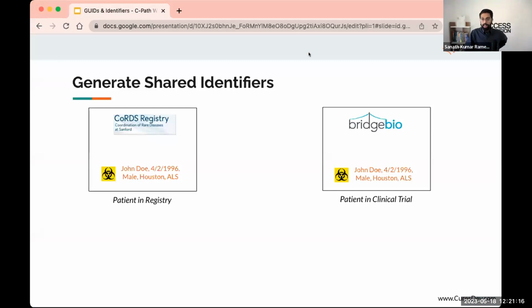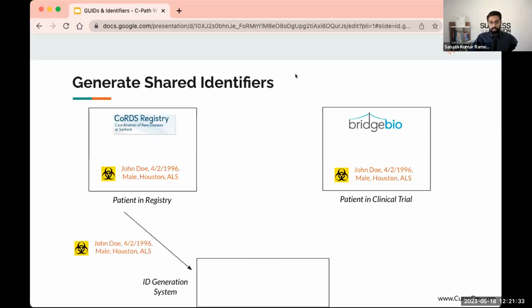How do we generate a shared identifier? Going back to our example of having a registry, a patient in a registry and a patient in a clinical trial, we have a system. I'm going to call this an ID generation system. This is a piece of software. You pass the patient information to this piece of software, and that stores the patient information, maps it, it generates and maps a random ID to it, and that's the rule.